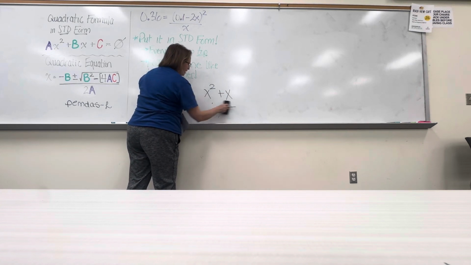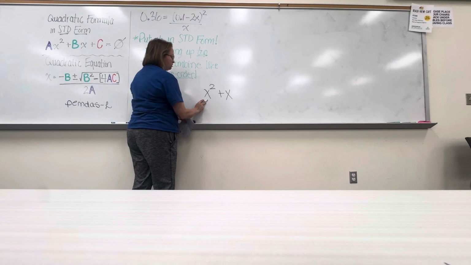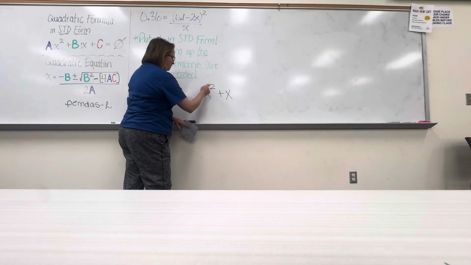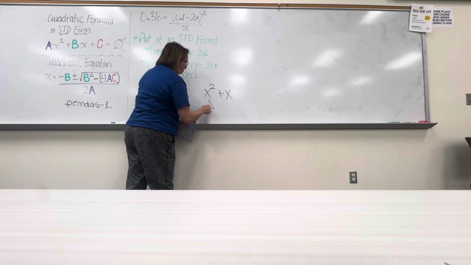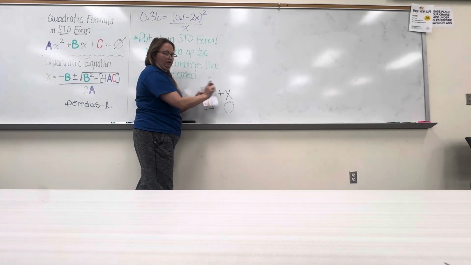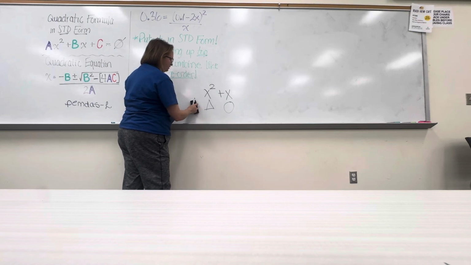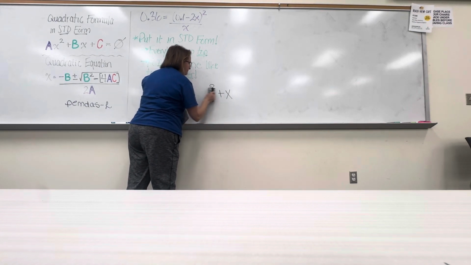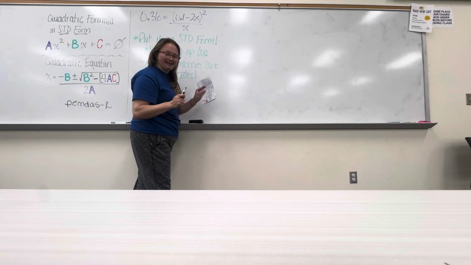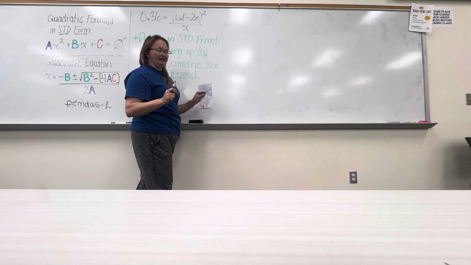You cannot add those terms. These are not like terms. You might as well be saying that this is a triangle and this is a circle. They are not the same thing. You cannot add them. You cannot, in this case, multiply them together.